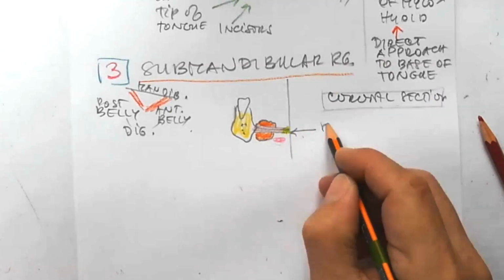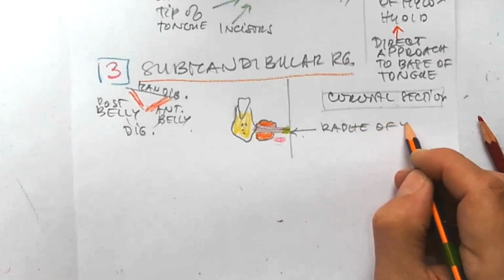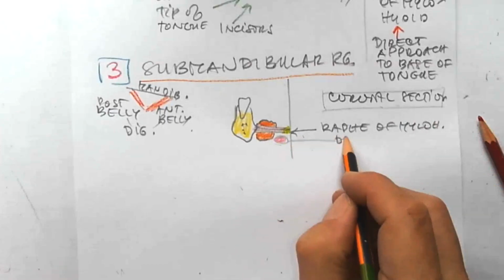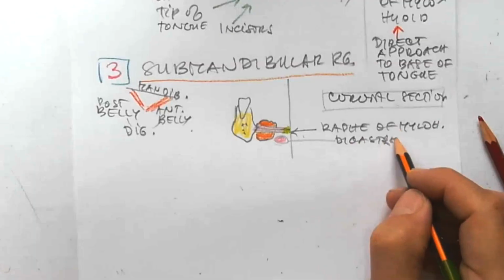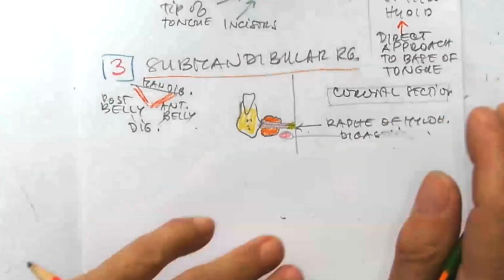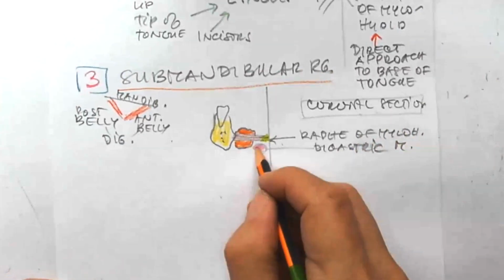So here we see the raphe of mylohyoid, then digastric, anterior belly, digastric muscle, fine.